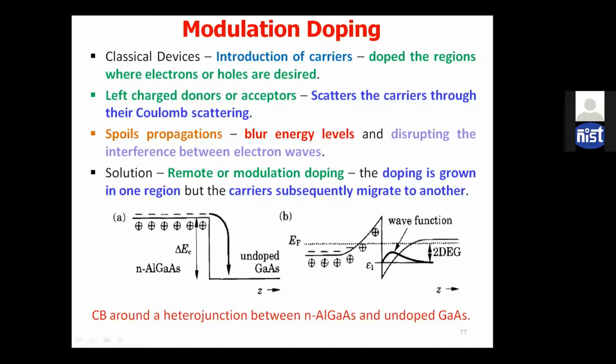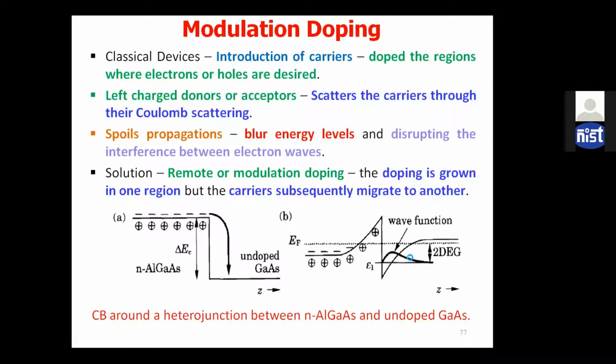See here, the carriers come here and reside at the heterojunction interface region, and the band bends so that the carriers present here are treated like a two-dimensional system. So this will give rise to two-dimensional electron gas.